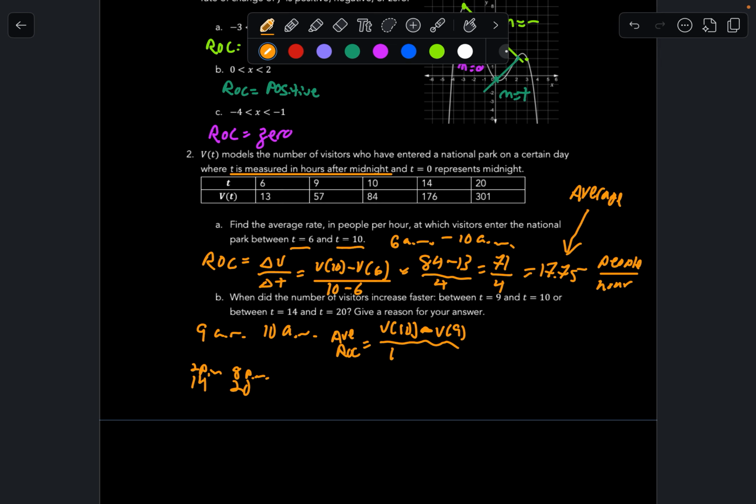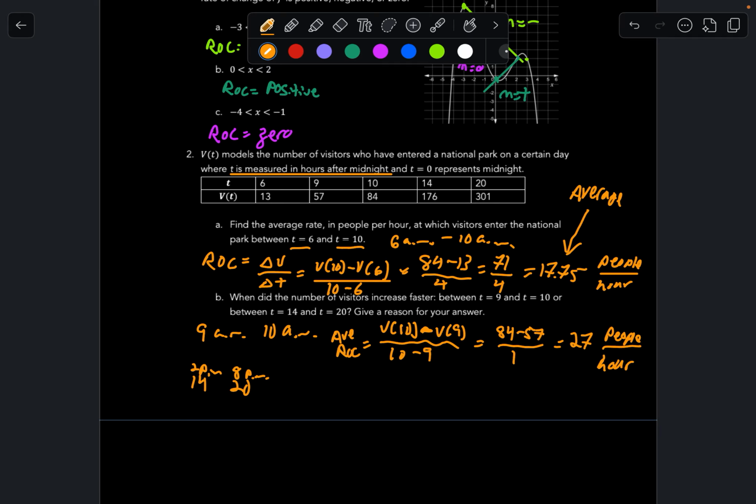V of 10 is 84. V of 9 is 57. 10 minus 9 is 1. So it's 84 minus 57, which is 27. And the units of this is people per hour. Got to include the units. If you don't on a quiz, you're going to lose some points. You don't want to do that.